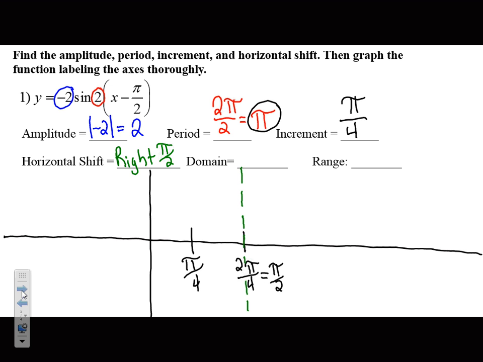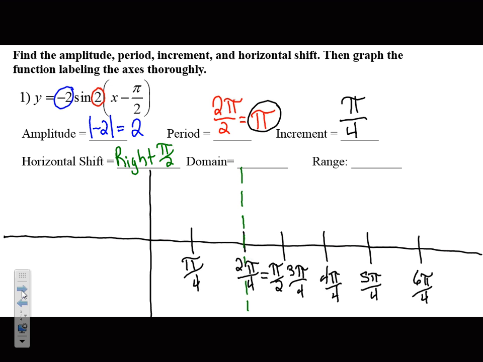Now from my green line, I need to go 4 more to the right. So I'm going to have 4 more dashes here. The next one's going to be 3 pi over 4, and then 4 pi over 4, 5 pi over 4, and 6 pi over 4. I have my 4, so I can be done there.